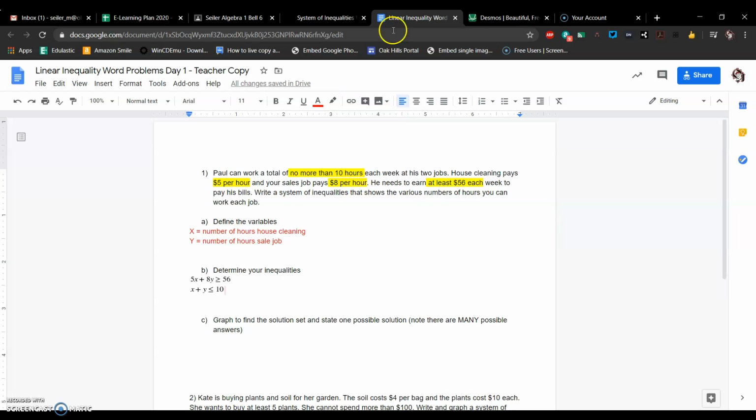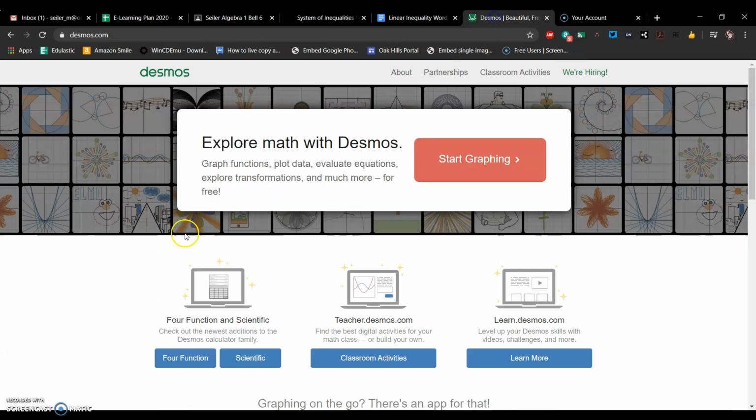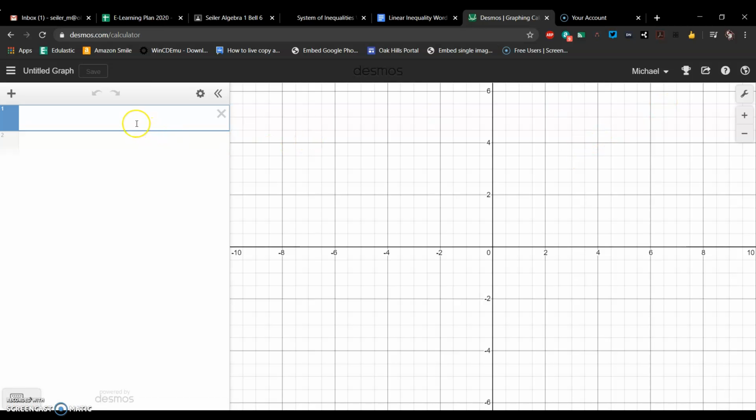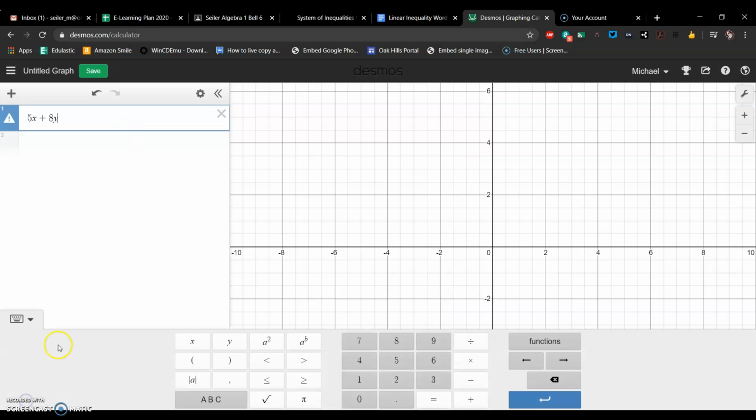Okay, so I'm going to come up to Desmos, and I'm going to enter in our two equations. Our first equation was 5x plus 8y, and we know that with Desmos down here in our keyboard, we can see our symbols.